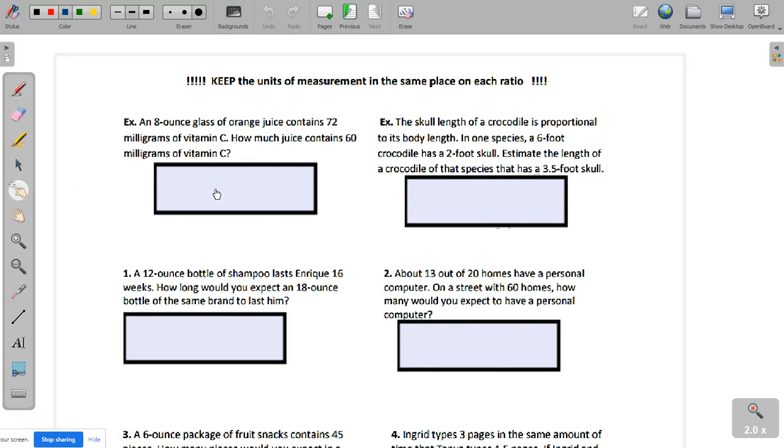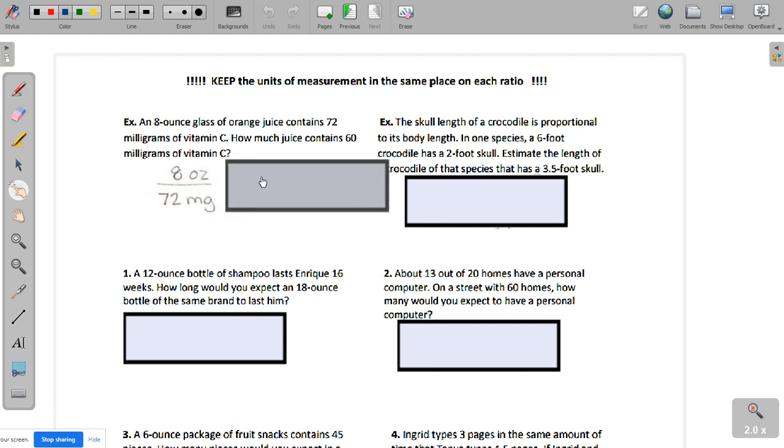So we have to set this up. We start off with 8 ounces on the top with 72 milligrams of vitamin C on the bottom. Make sure you have your units with your numbers.